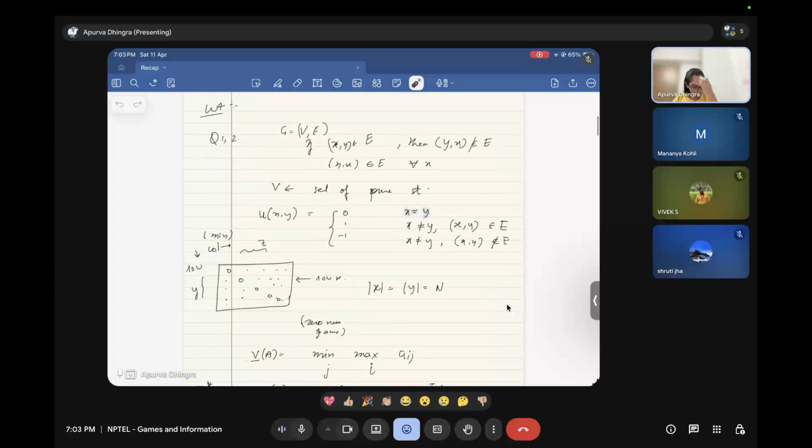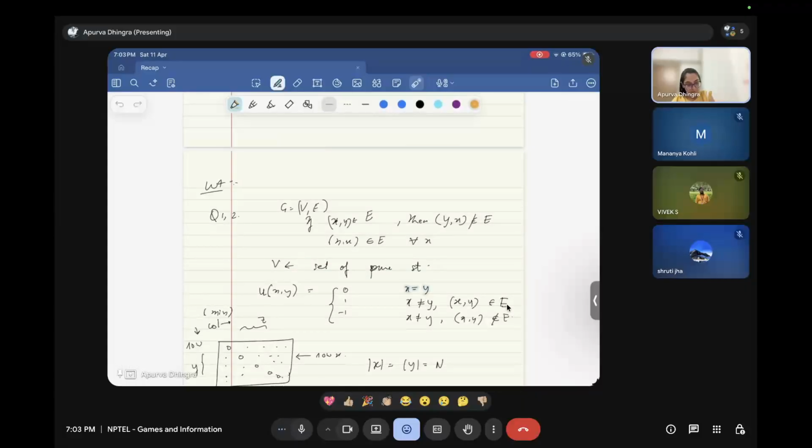So for question 2, what they're saying is, suppose there's a graph. All the vertices of the graph are actually the pure strategies, the set of pure strategies for both the players. So let's say x represents player 1, y represents player 2. Now whether there is an edge between them, there is a condition to be satisfied. If there is an edge between x and y, then there is no edge between y and x.